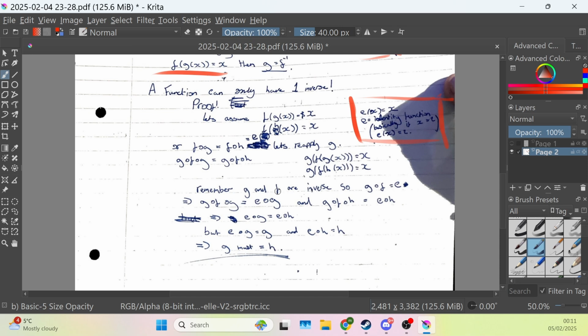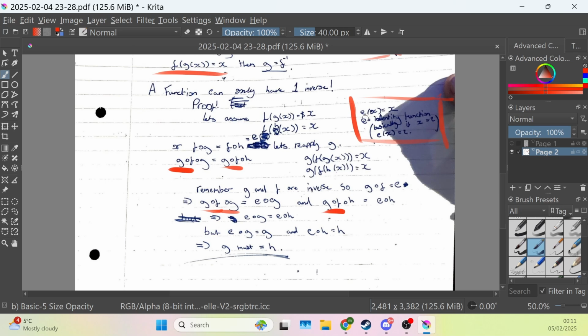If you remember that g and f are inverses, so g composed of f equals e, well over here we have g composed of f and g composed of f. Therefore, g composed of f of g equals e composed of g, because this is e, and g composed of f of h equals e of h.